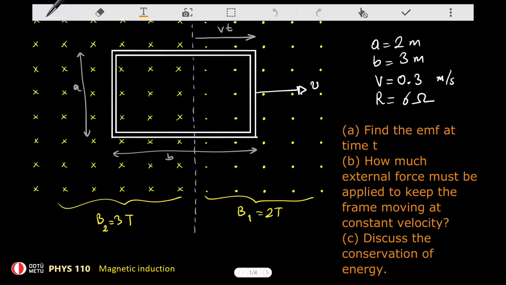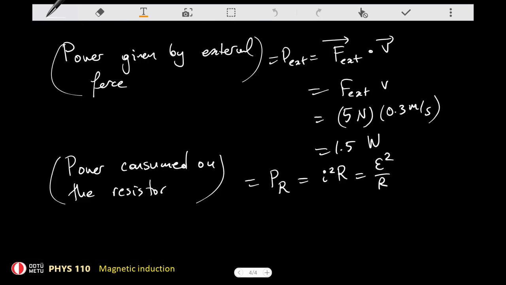Resistance was 6 ohms. So I'm going to use this formula with 6 ohms, and the current was 0.5. So that's 1/2 squared, times 6, which is 6 over 4. So that's also going to give me 1.5 watts. So as a result, the external force provides energy to the frame. It is 1.5 watts. And the frame uses that energy by converting it into heat.